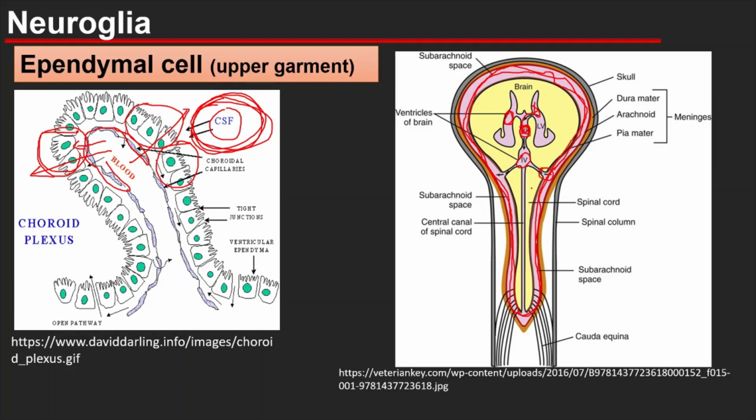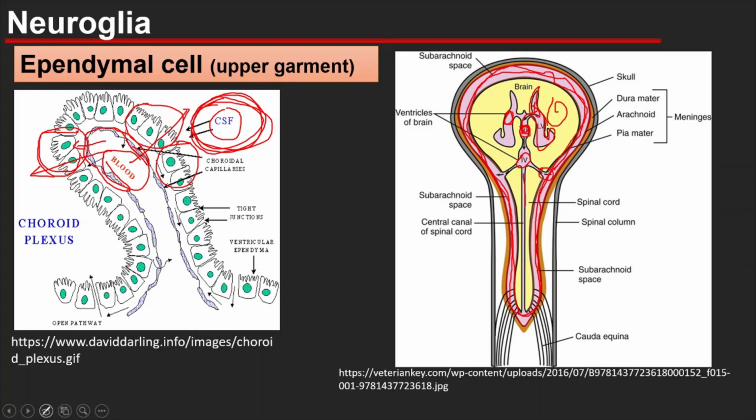The weight of the central nervous system is reduced significantly because of this CSF, and this is the CSF barrier between the blood and the ependymal cells. It acts as a barrier between the blood and the CSF. So this ventricular lining is also made by the ependymal cells. So we have the lining of ependymal cell in the ventricle or the central canal. This area is the brain portion where we have the neurons.